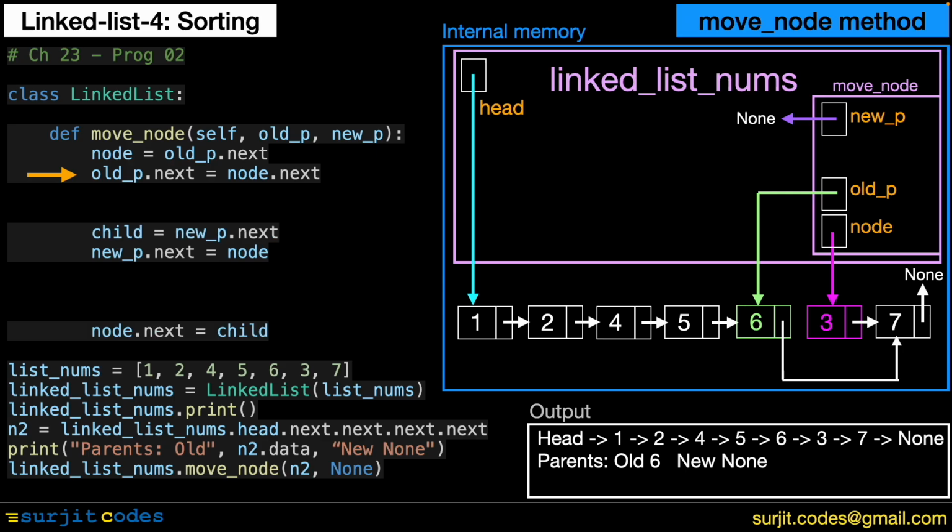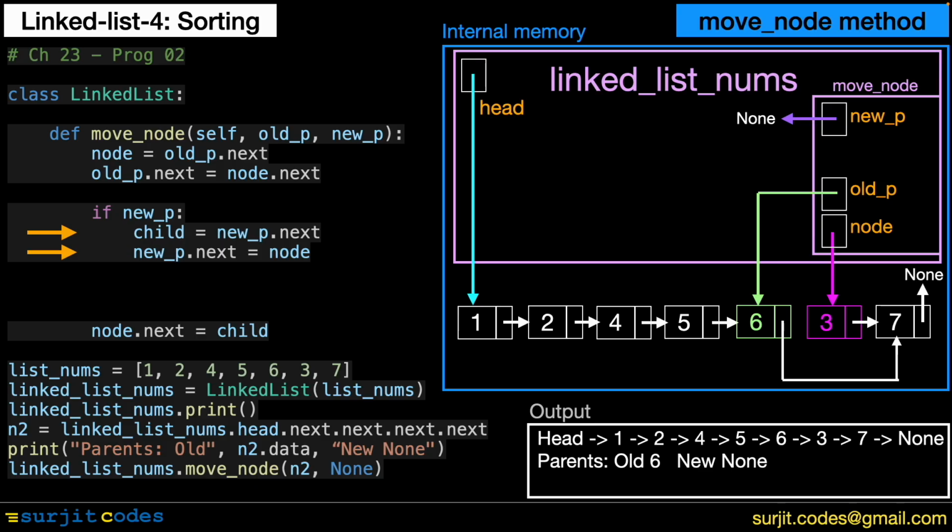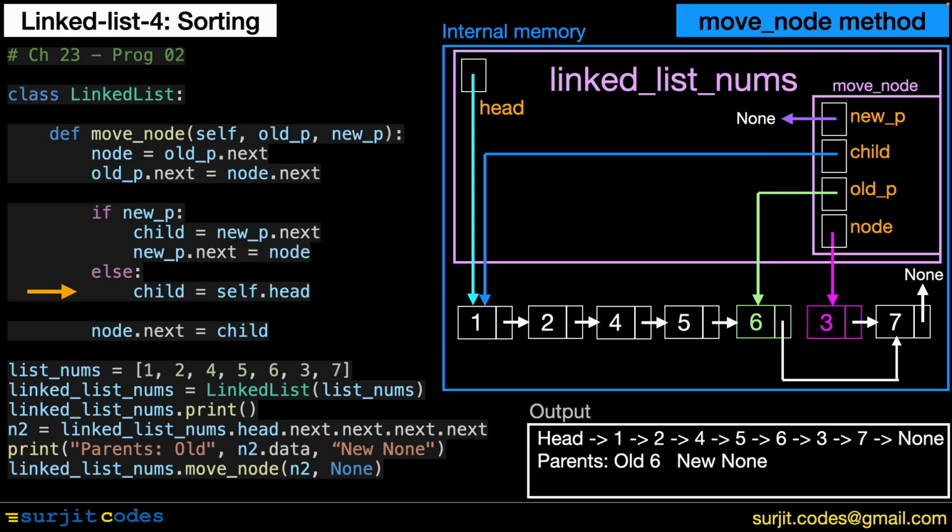Let us now make room for a few more statements in the move node method. Next two statements work only if new parent is present, so we put them in the if block. In the present case, new parent is none, so we execute the else part. Existing head is to be made the child of node 3, so we save it as child.